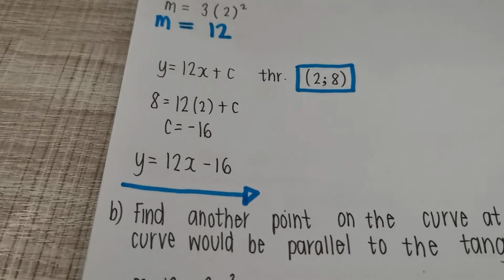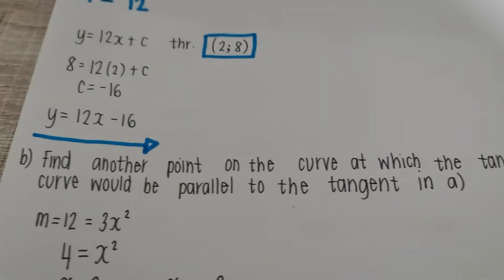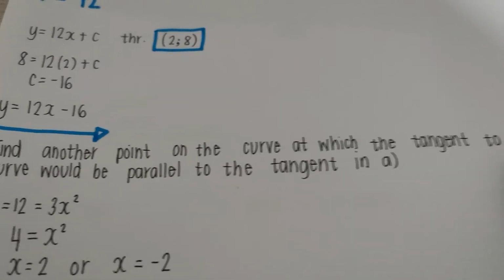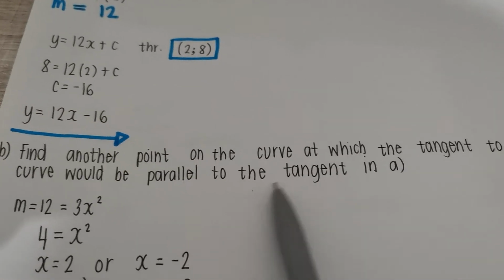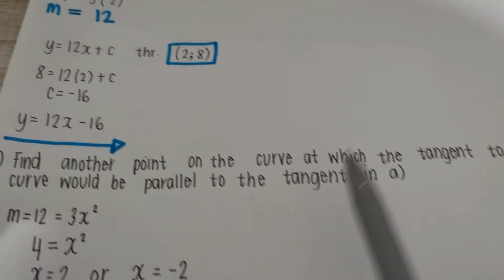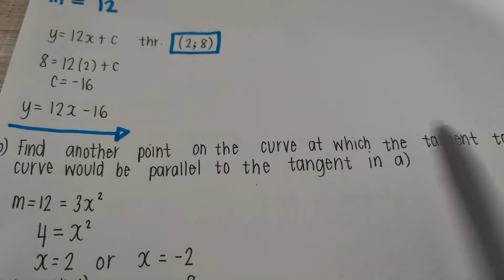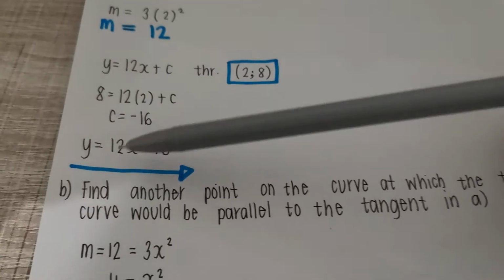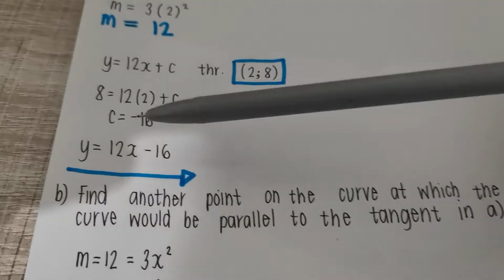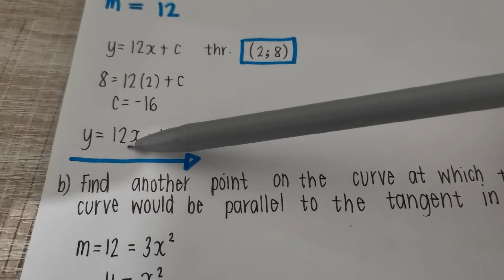Follow-up question. Find another point on the curve at which the tangent to the curve would be parallel to the tangent in A. So we find the equation of another tangent that happens to be parallel to this one here. If it's parallel to this one here, it shares the exact same gradient.